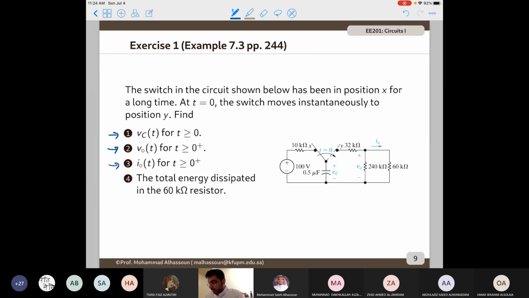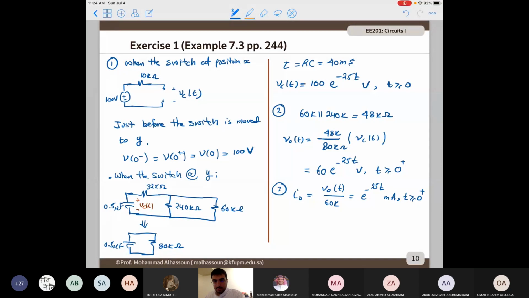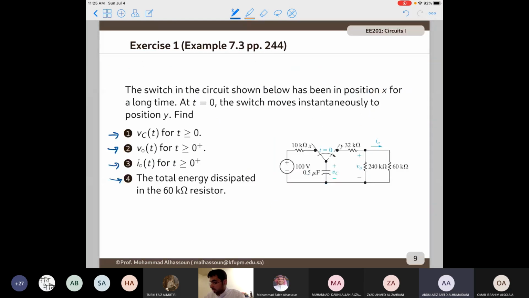Okay. The last thing being asked is the total energy dissipated in the 60 kilo ohm resistor. So what is the total energy dissipated in the 60 kilo ohm resistor? Yes, Doctor.